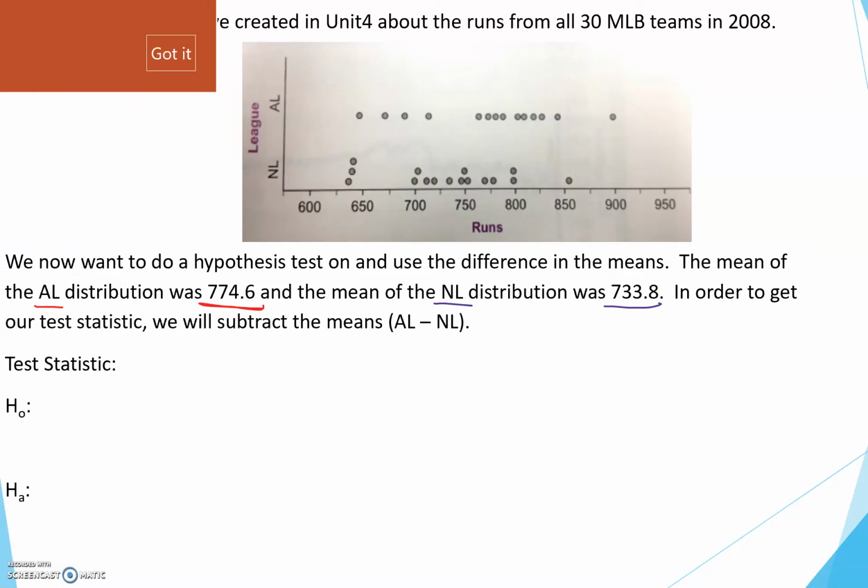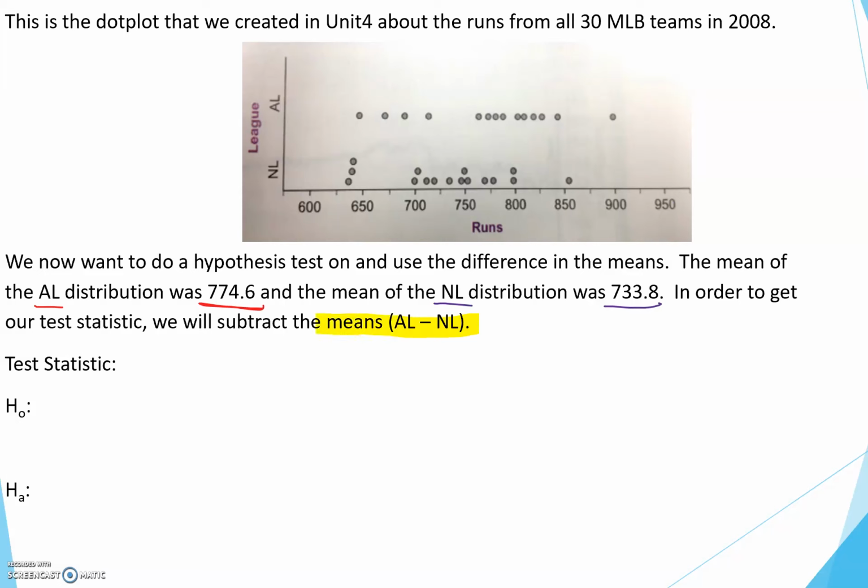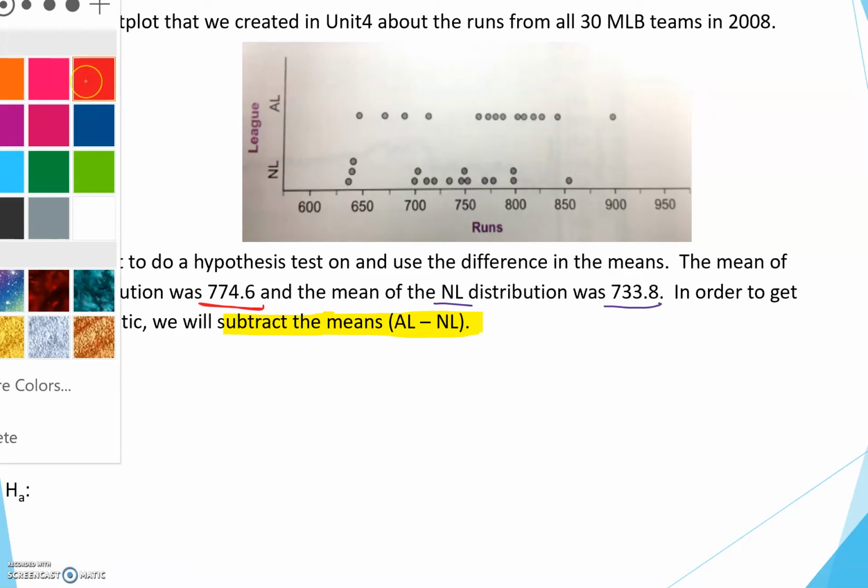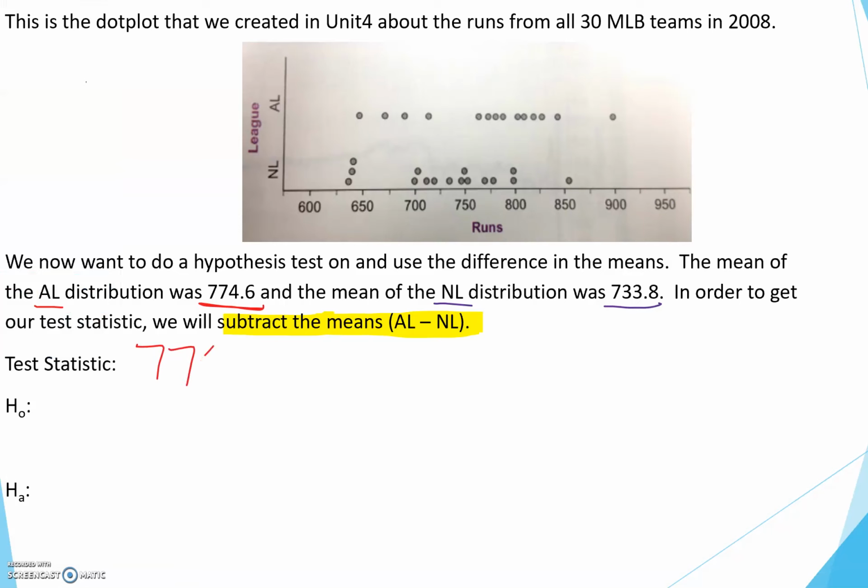For our test stat, we are just going to subtract those. We're going to take the means and subtract American League and National League. American League was 774.6.